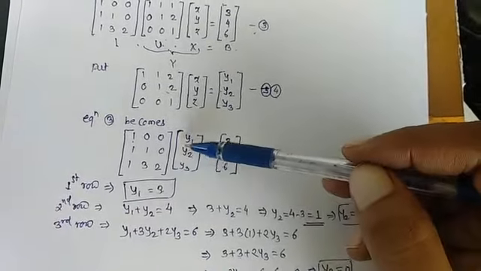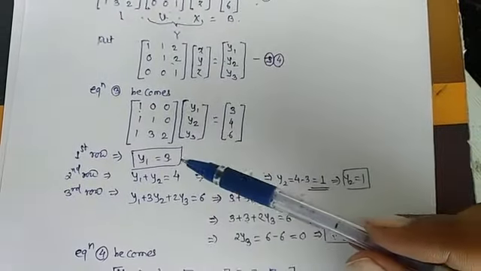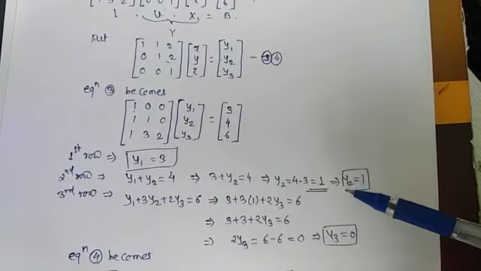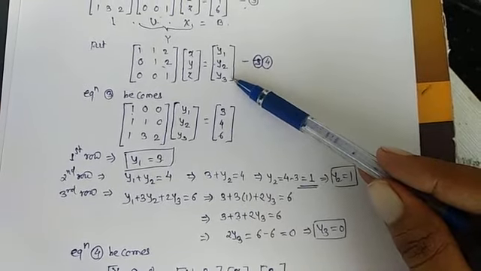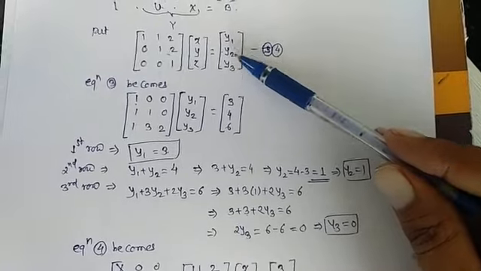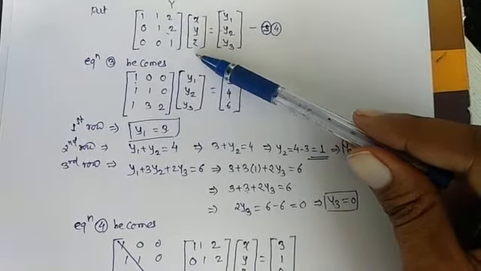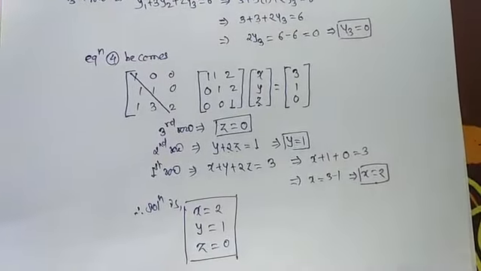We first solve it for y1, y2, y3. After getting the values of y1, y2, y3, we put them back in the equation where we substituted Ux is equal to Y. Then we can get a system in the form of x, y, z, and we get the values of x, y, z, which is our required solution.